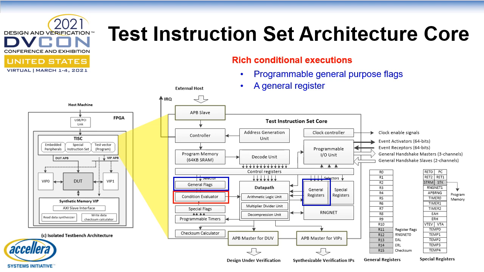The difference of TISC is that it allows a rich set of conditions, including 16 general-purpose flags, which can be set by arithmetic operations and move instructions, 32-bit general-purpose registers, and 64-bit input and handshaking events detected by the programmable I/O unit and peripheral devices such as timers. Many DV owners prefer conditional executions to branches because they are more suitable and easy for waveform-based analysis.